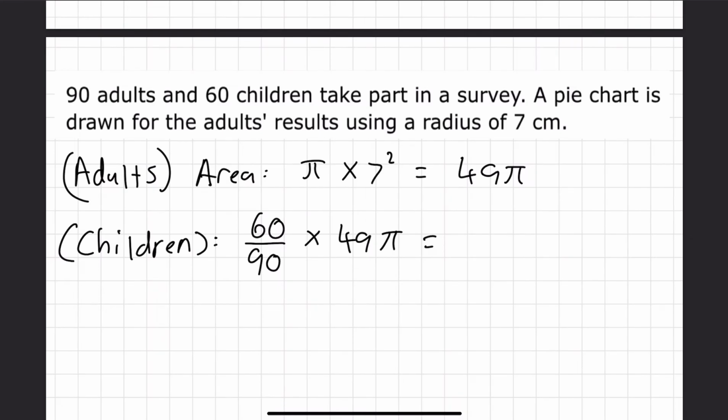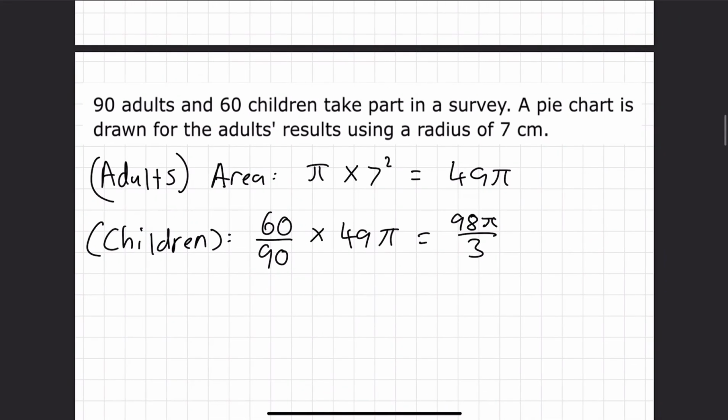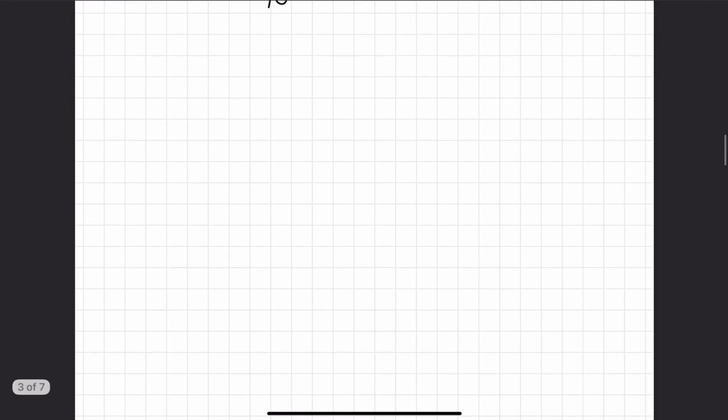And that gives us an area of 98 pi over 3. So using our proportional scale factor, we have gone from our adults area to our children's area. Let's try it again.